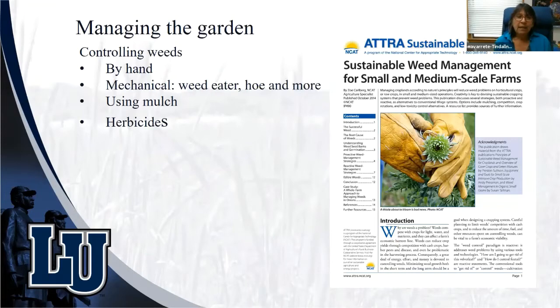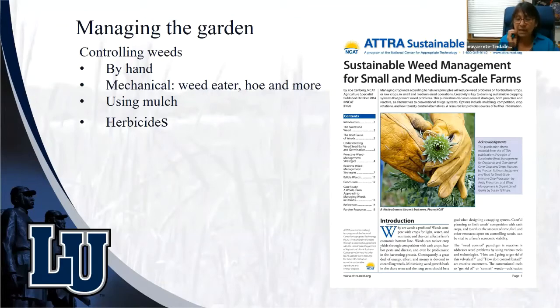Now, how do we manage the garden? First of all, weeds might be a problem if we don't think ahead. There are several ways to control weeds: by hand, mechanically, using mulches, and herbicides.